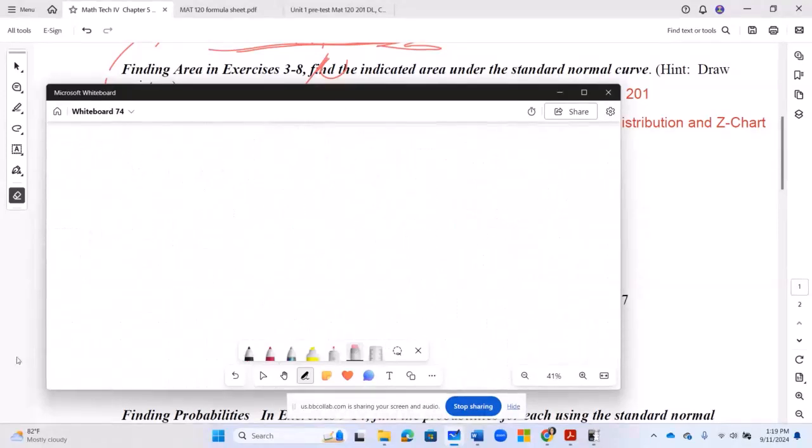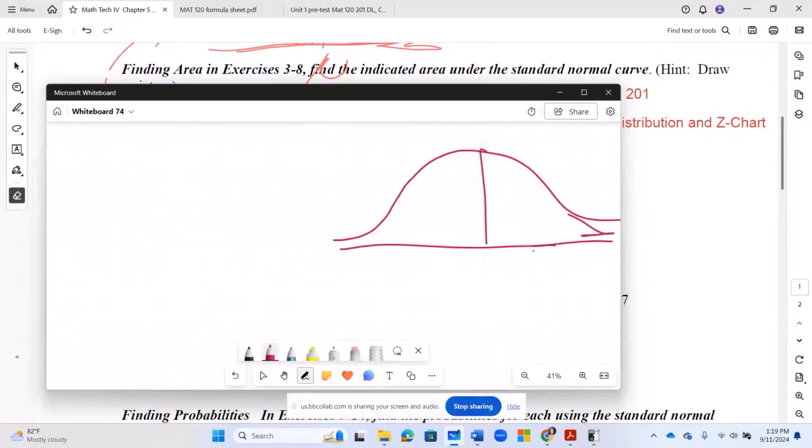So read the chart to find area. We're reading the chart to find the area from 0 to 1.28. 0 is the mean. 1.28 is greater than the mean. I'm told to read this area from the z-chart.